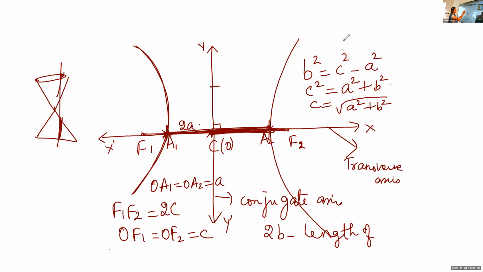You take one point here, B, and one point here also, B. This distance is the length of the conjugate axis. 2A is the length of the transverse axis.